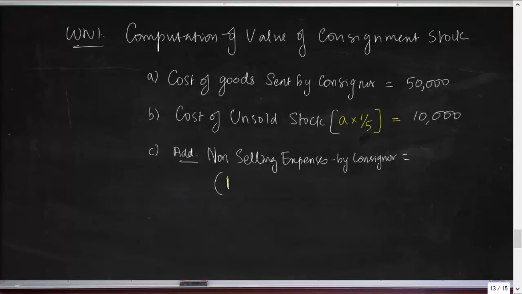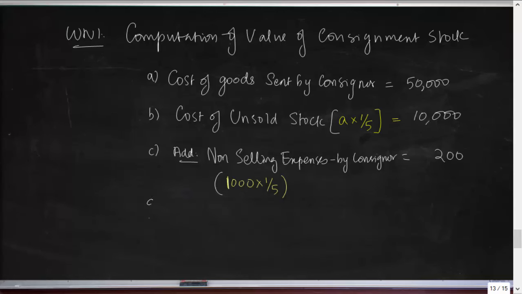We are concerned only about the goods that are not sold, which is only 1/5 of the goods remaining unsold. So 1000 multiplied by 1 by 5, we get the value as 200. So only 200 should be considered as non-selling expenses incurred by consignor attributable to stock.